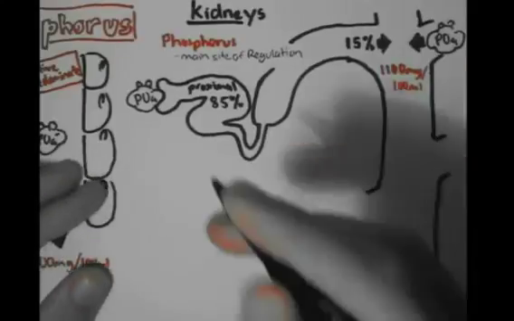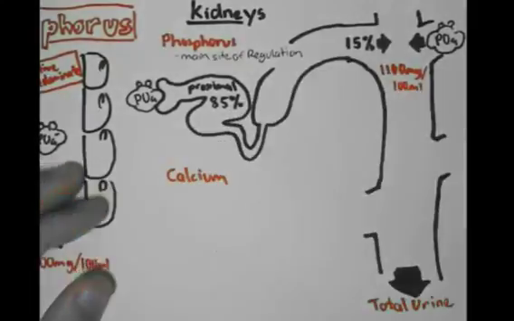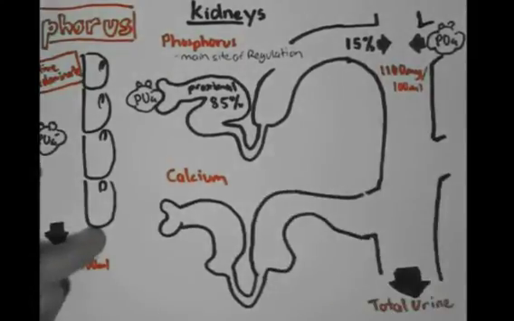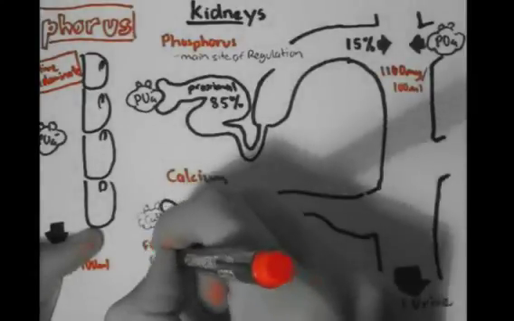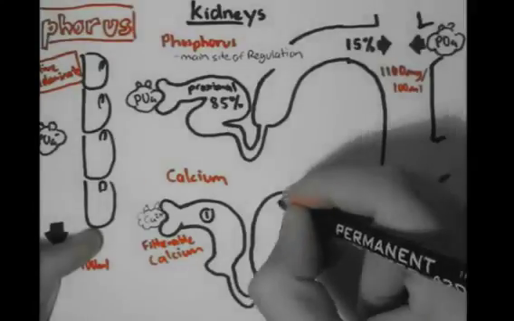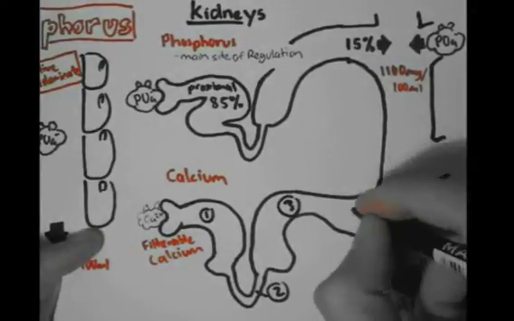For calcium, on the other hand, most filterable calcium is absorbed within the kidneys, mostly within the nephron: the proximal tubule, then the loop of Henle, and then the distal tubule.